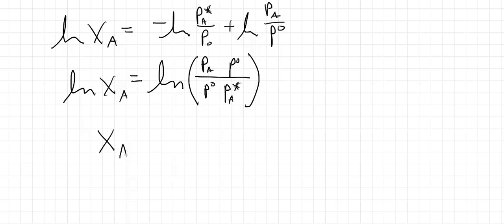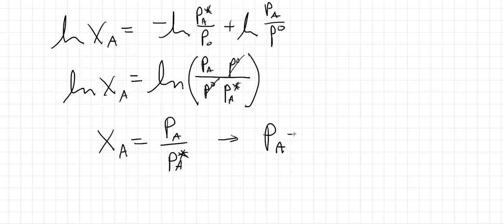and just get XA is equal to PA over PA star, and we can cancel these standard state pressures. Or we could just rewrite that as the vapor pressure has to be equal to the pure vapor pressure times the mole fraction. And that's Raoult's law.